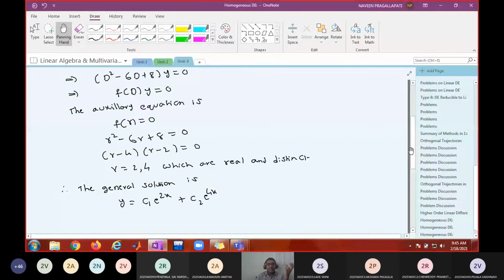There is no process of integration, differentiation, anything. There are no calculus operations at all. We changed the problem from one domain to another domain.